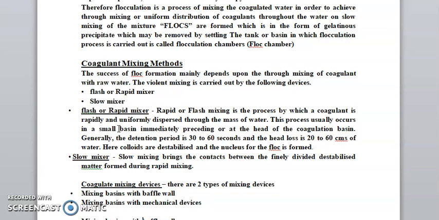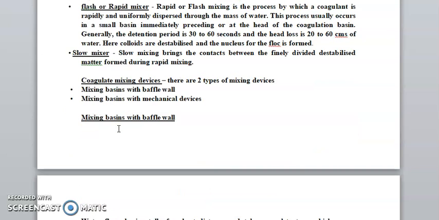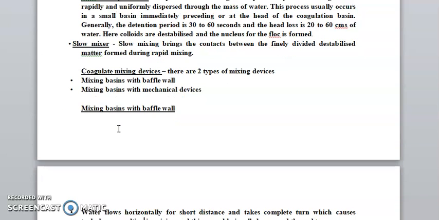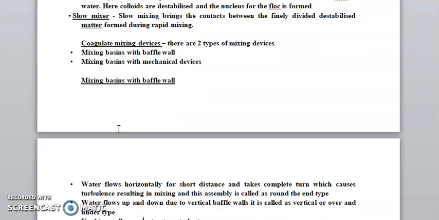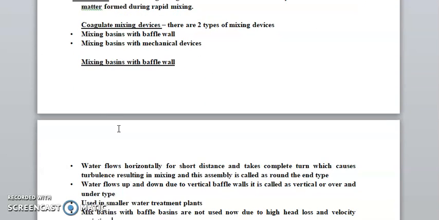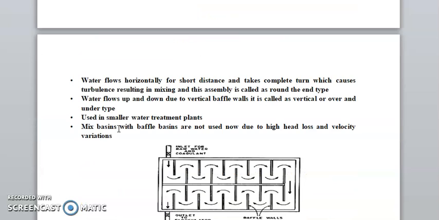There are two types of mixing device: mixing basin with baffle walls, and mixing basin with mechanical devices. First, the mixing basin with baffle walls. Water flows through the horizontal baffles for a short distance and takes complete turns, which causes turbulence, resulting in mixing. This is called the around-the-end type. Water flowing up and down due to vertical baffle walls is called the vertical over-and-under type.